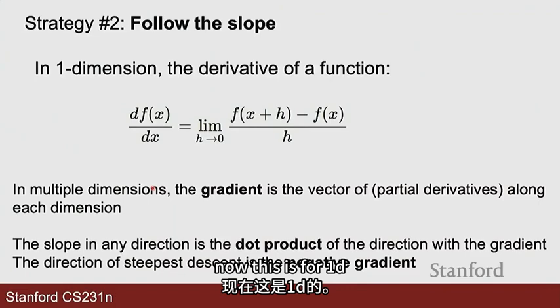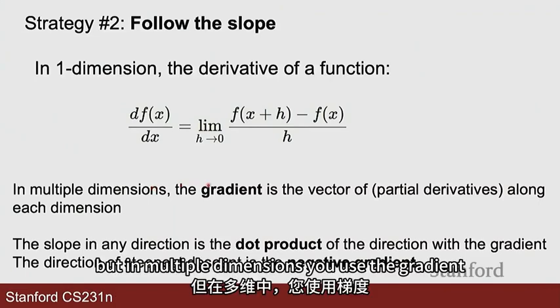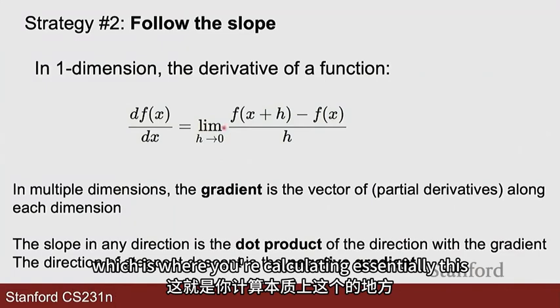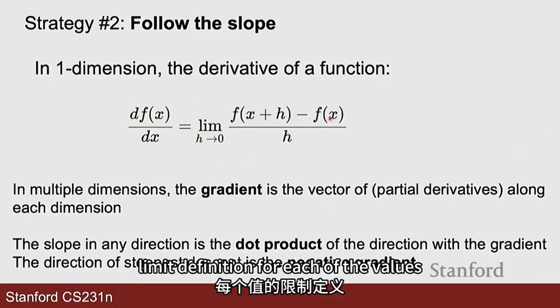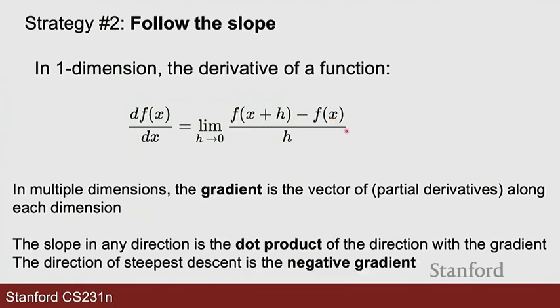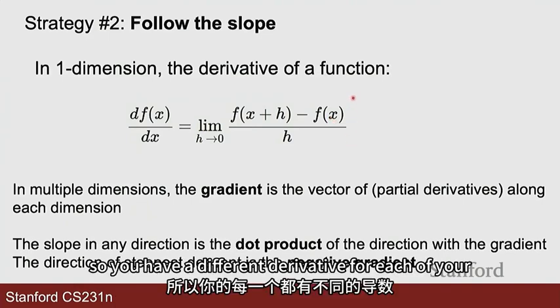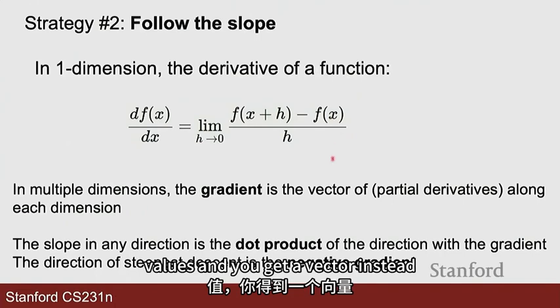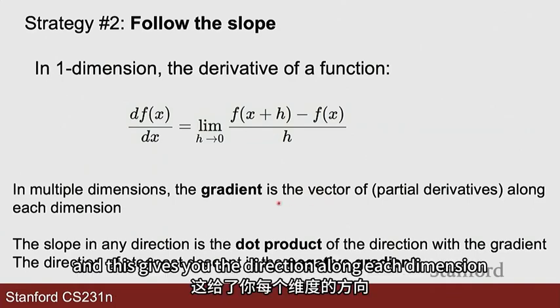Now, this is for 1D, but in multiple dimensions, you use the gradient, where you're calculating essentially this limit definition for each of the values separately. So you have a different derivative for each of your values, and you get a vector instead. And this gives you the direction along each dimension.